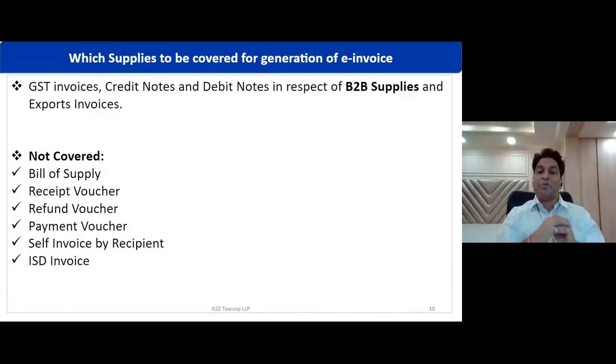Payment voucher, when you make payment to your supplier under RCM liability. Self-invoice when generated under section 31, subsection 3, clause F, it is not applicable. And ISD invoice and any debit note and credit note pertaining to ISD invoice, not applicable. This is the clarity on which supplies are covered for generation of e-invoice.